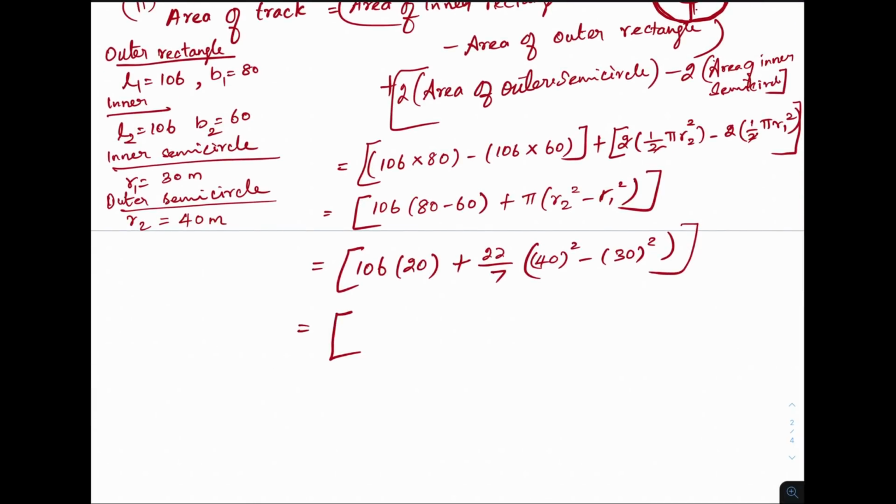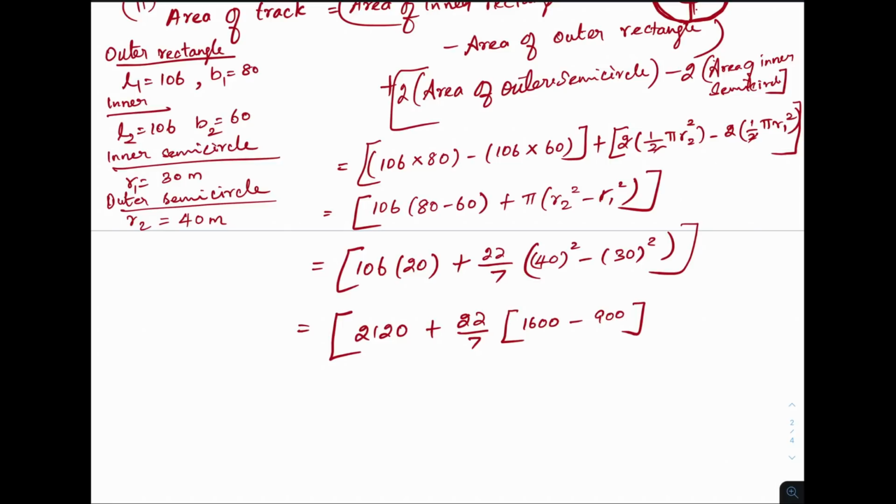This will be 106 into 20, which gives 2120, plus 22 by 7 of 40 square is 1600 minus 30 square is 900.